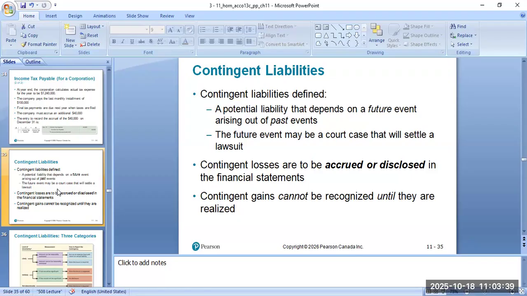If he scores more than 20 goals within the season, he gets another $2 million. Make sense? So we sign the contract, it's in the contract, but it depends on something that's going to happen in the future. Now we have to calculate the possibility that he scores more than 20 goals and starts more than 45 games to earn that additional $2 million.